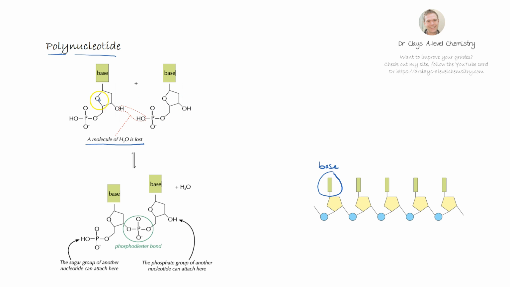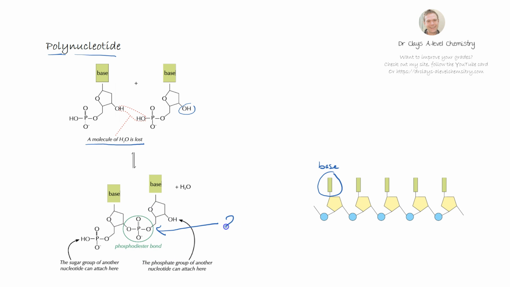That OH group is always on this position next to the side chain on the sugar group, which is attached to the phosphate group, and that will polymerize with the phosphate, and we form a phosphodiester bond between our 2 pentose sugars.